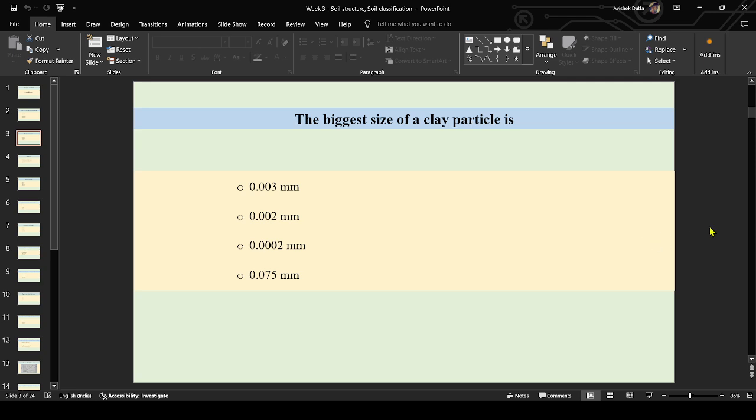I repeat the question. The biggest size of a clay particle is. The options are 0.003 millimeter, 0.002 millimeter, 0.0002 millimeter, or 0.075 millimeter.